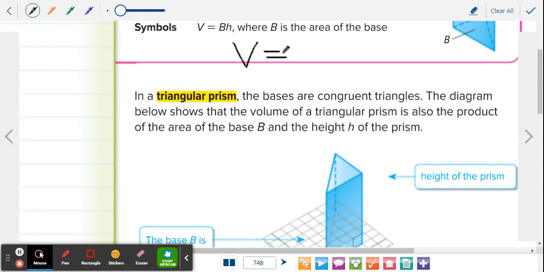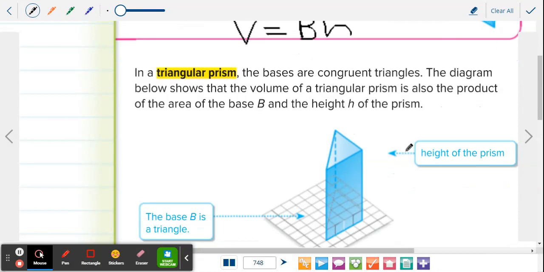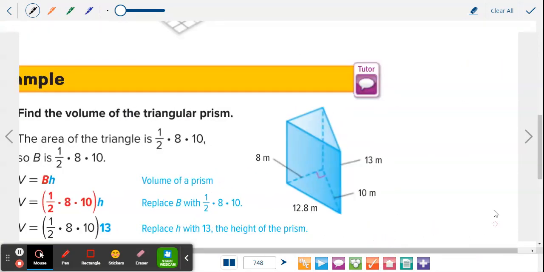V equals, volume equals, area of the base. This big B means area of the base. So area of the triangle times the height of the prism. Once you see it, it's going to be very, very easy.